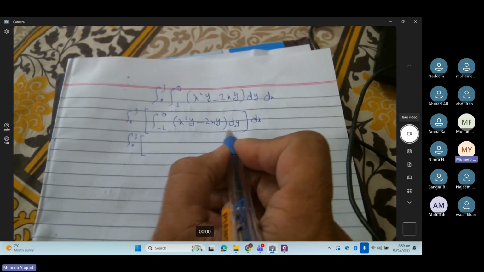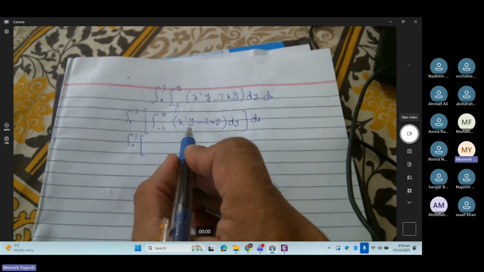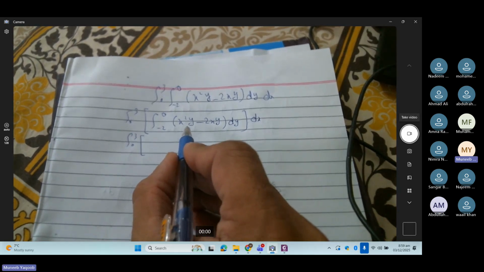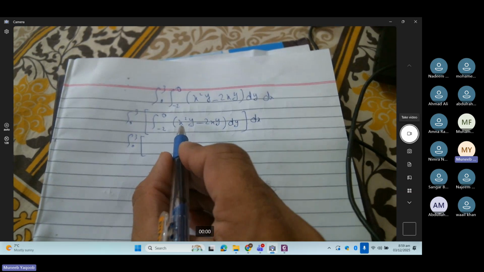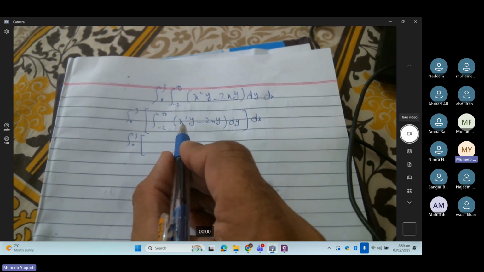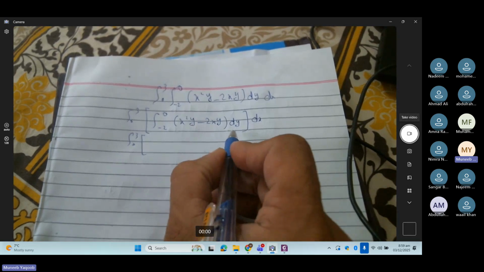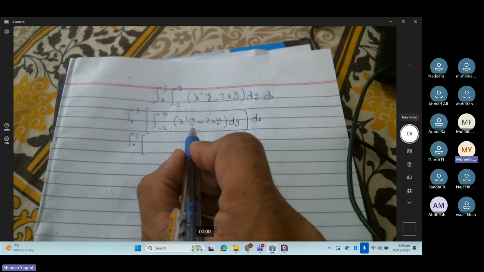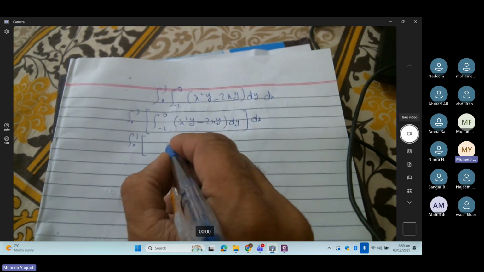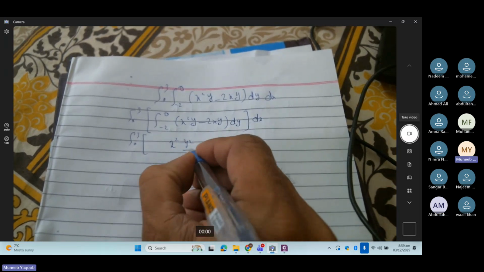Now if we are to integrate x square y with respect to y, then we will consider x square as constant. So we will not integrate it. Rather, we will only integrate y because our variable of integration is y. So integral of y is y square upon 2. So the answer of integration will become x square into y square upon 2.